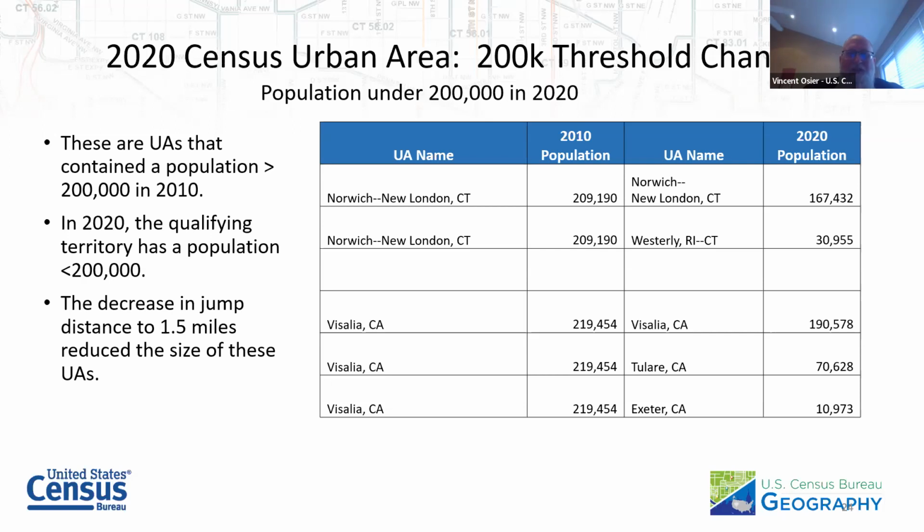So even though we took note of these, we definitely did not lean one way or another in how we reviewed these areas. They are what they are, but there were quite a few that have jumped over 200,000 since 2010. And we know this is important to the planning community.